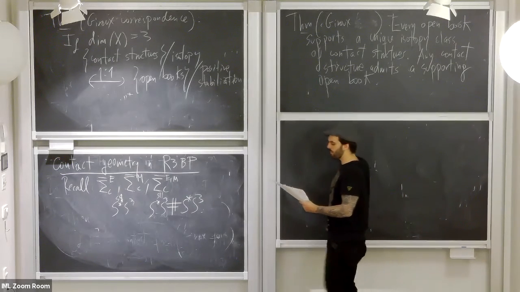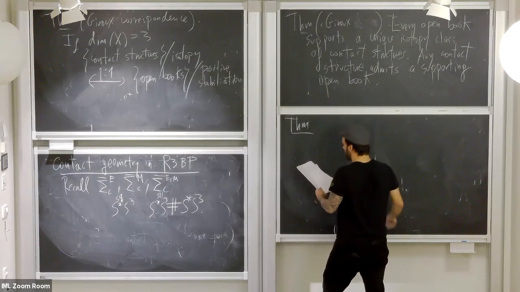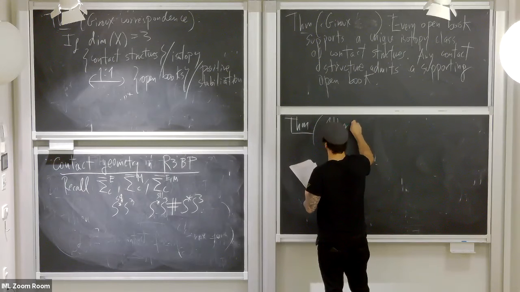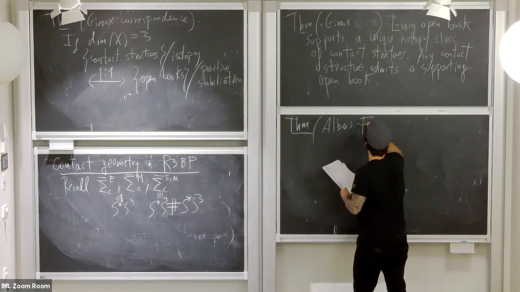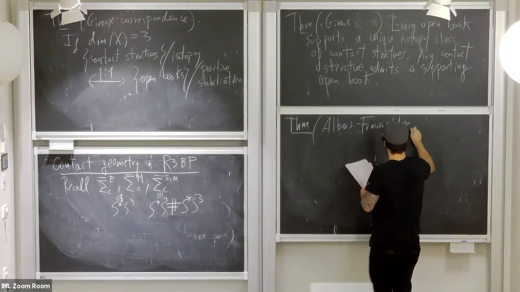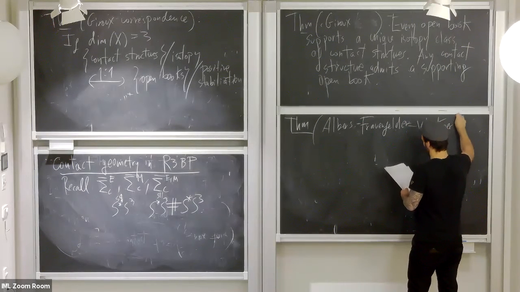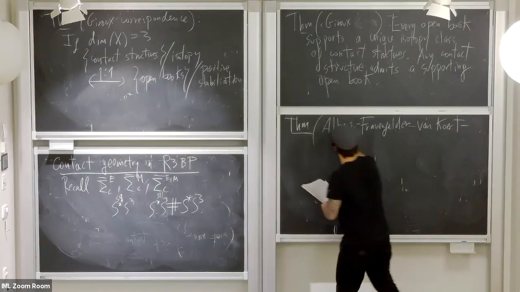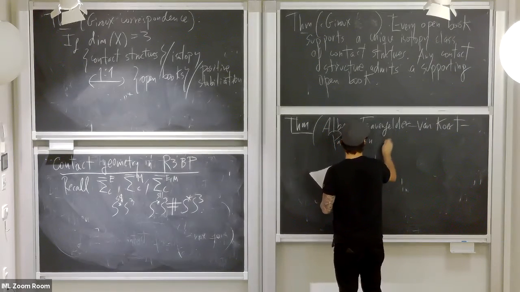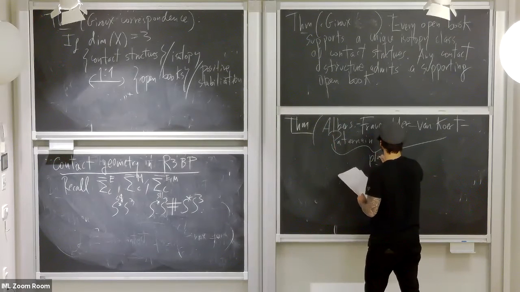And the theorem is due to a bunch of people. First of all, it's due to Peter Albers, Urs Frauenfelder, Otto van Koert, and Gabriele Paternain. This is in 2012, and they did the planar problem.